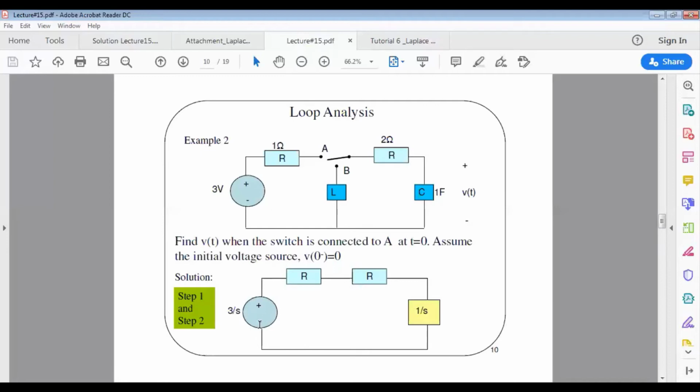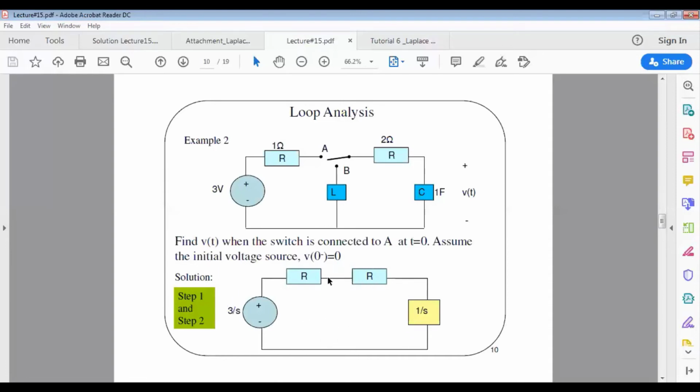The 3 volt becomes 3 over S, the resistances of 1 ohm and 2 ohm remain as they are, and the capacitor becomes 1 over SC. Supposedly there should be a voltage source in series with the capacitor, but since the initial voltage is 0, it can be ignored. So we only have the impedance of the capacitor. This is what the transform diagram should look like.